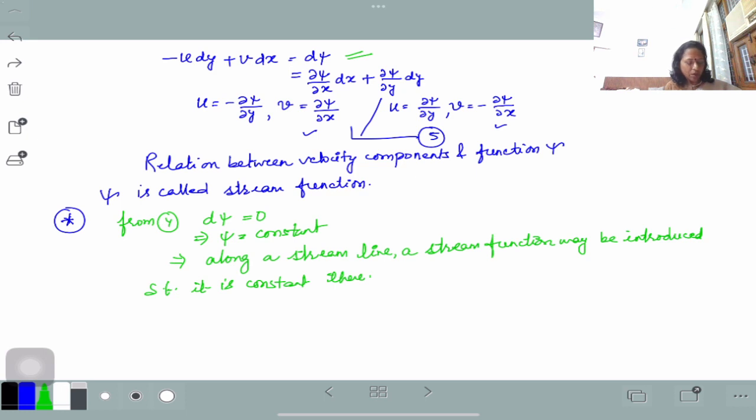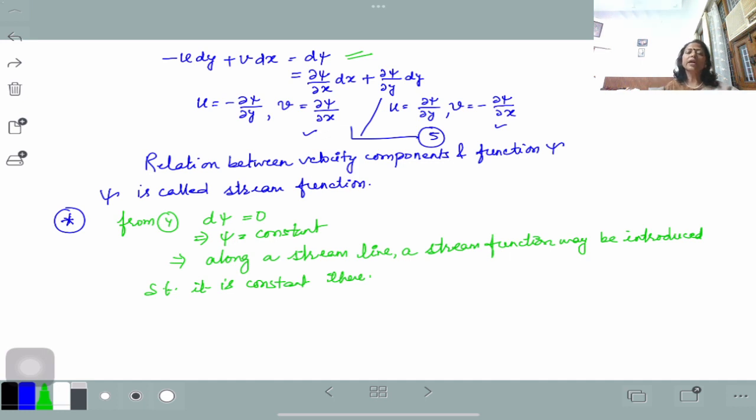Now, because this function is introduced with the help of a streamline, that is why its name is stream function. You have considered a streamline, you find the condition of exactness, which is true with the help of the equation of continuity, and you get psi.